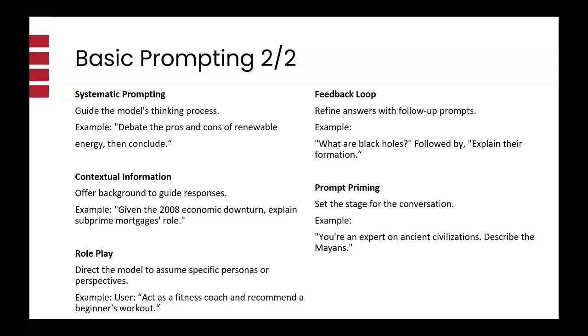You can ask follow-up questions at any stage. For example, what are black holes? And after getting the answers, you can ask again, explain the formation. And you can ask other questions also based on this answer. So this way you can go on and get the more specific answers that you are looking for.